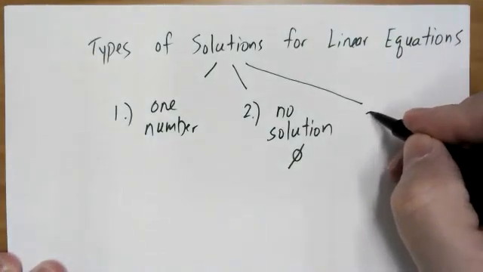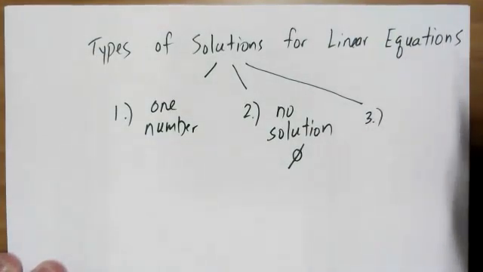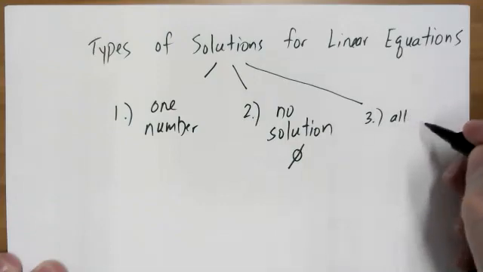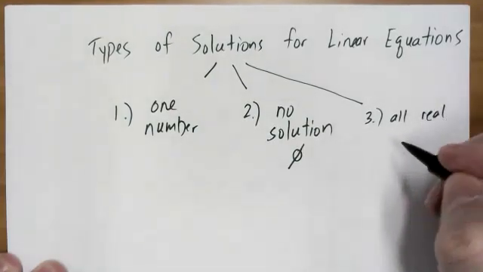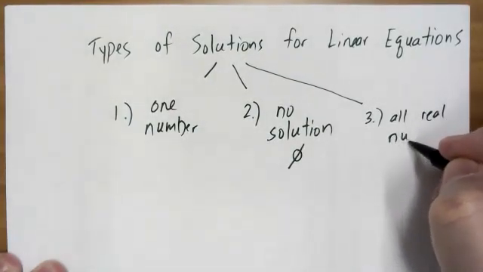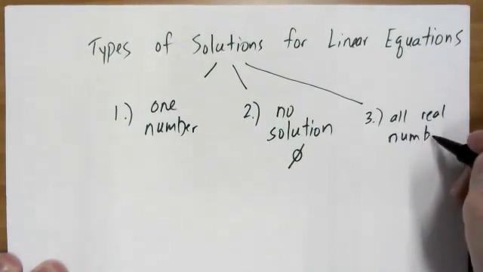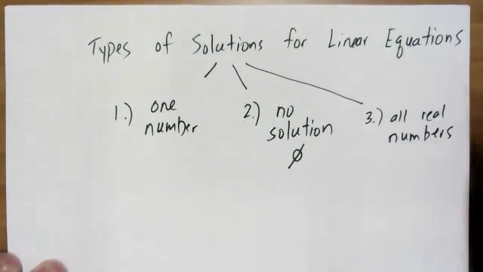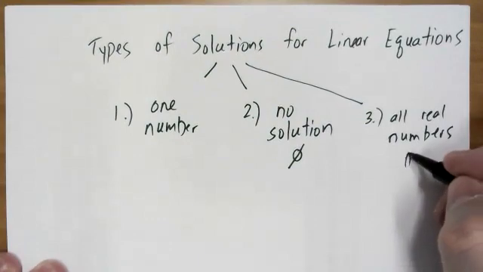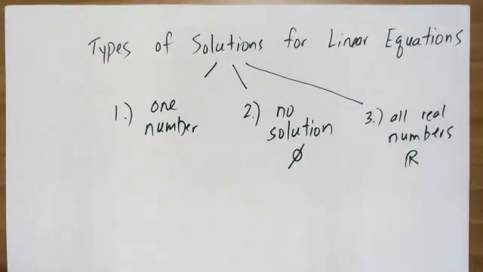But then there's actually one more possibility. Sometimes you end up trying to solve a linear equation, and as you're working it out, you end up with a solution of all real numbers, which means every number is a solution.